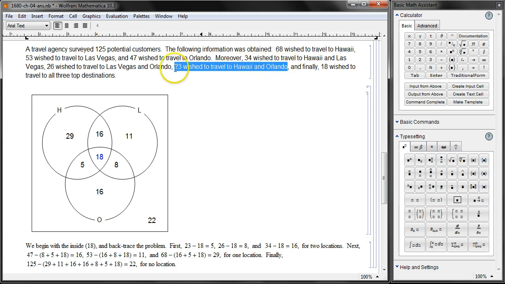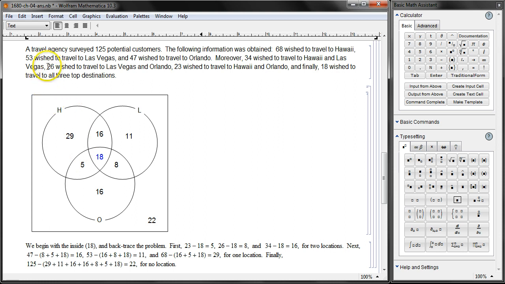There are 23 such people, and 23 should be shared here in this football shape, Orlando and Hawaii. 18 is already selected, so what's left? We get this subtraction. 23 minus 18 is equal to 5. That's how we get 5 here.